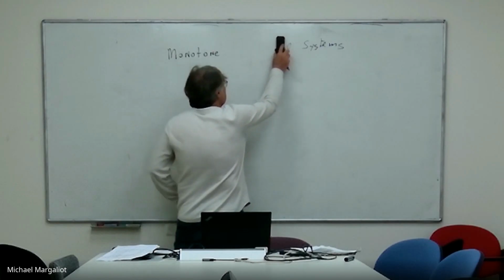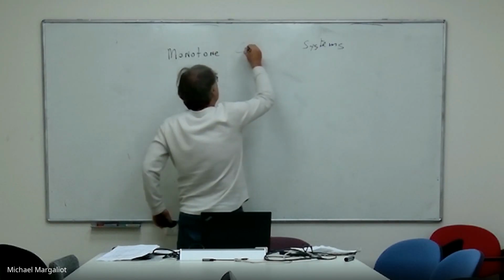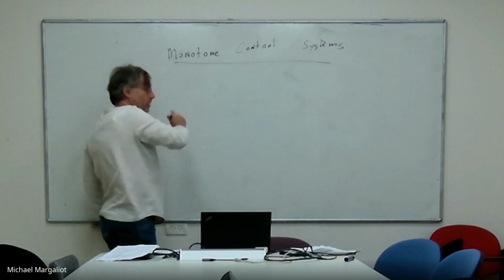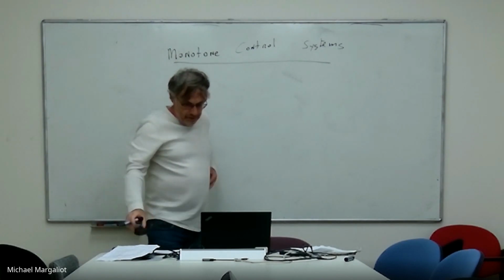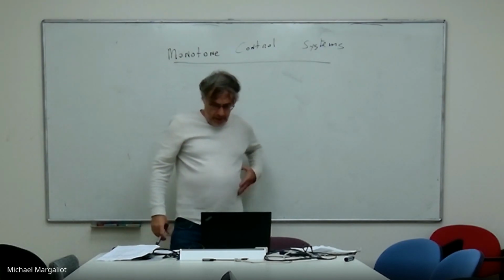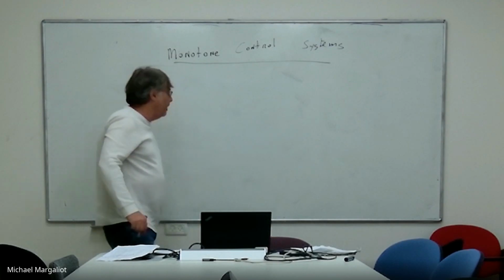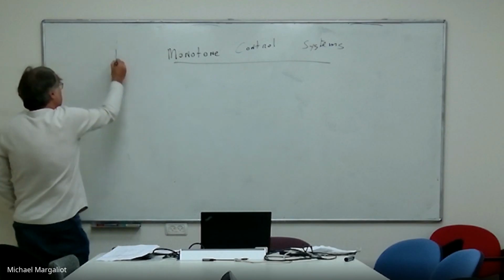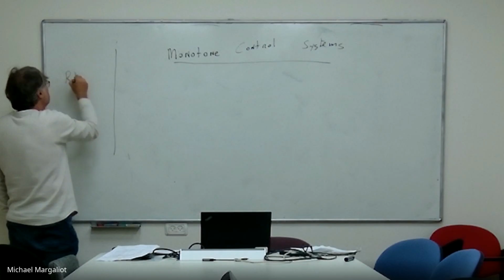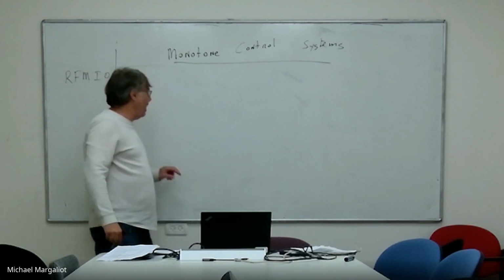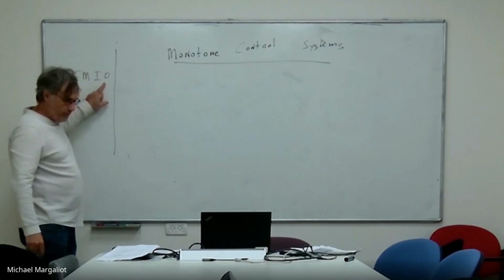Okay, yes, good, excellent. Now, we want to speak about something called monotone control systems. And this is very important because, as part of talking about this, we will introduce a generalization of the RFM called the RFM with input and output.